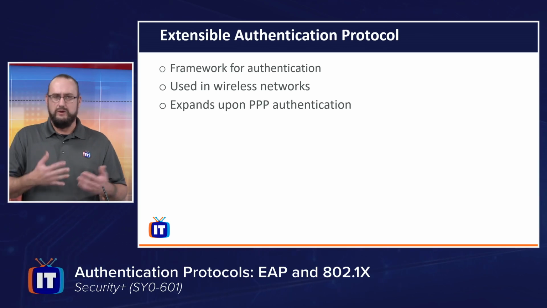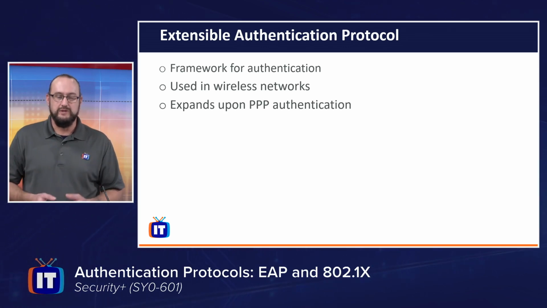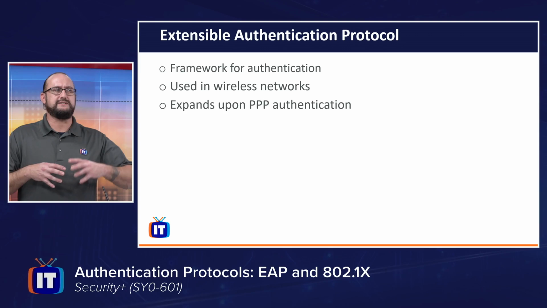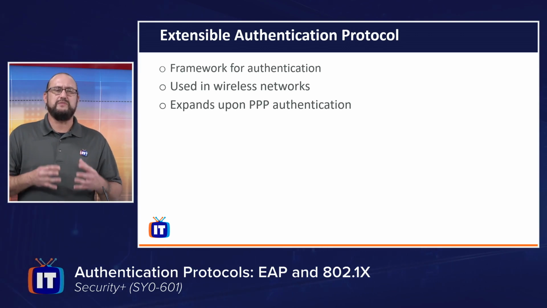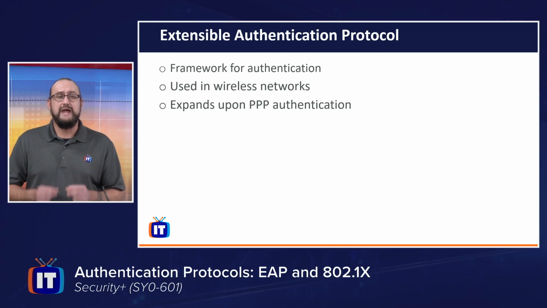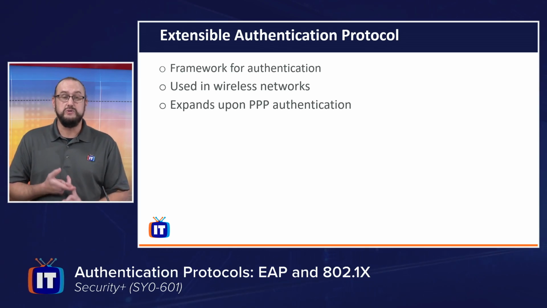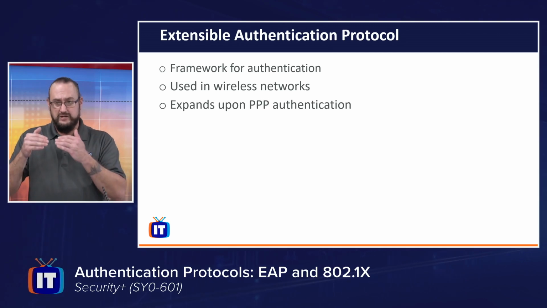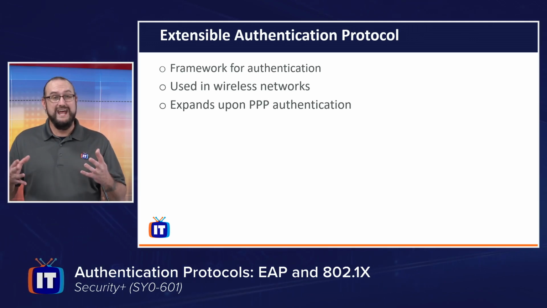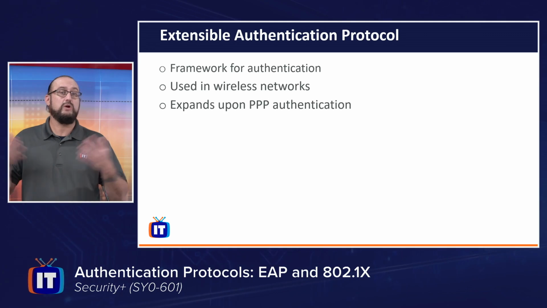So the engineers, the brilliant minds that make this stuff, said, hey, we need something that's not so much future-proofed, but that we can, and here's the name, extend. We can extend its functionality over time. That's where EAP comes in, and it's used primarily in wireless networks. That was one of the big things it was used for: how do we provide a strong level of authentication inside of wireless networks and leave a little bit of room for growth in the future as well.